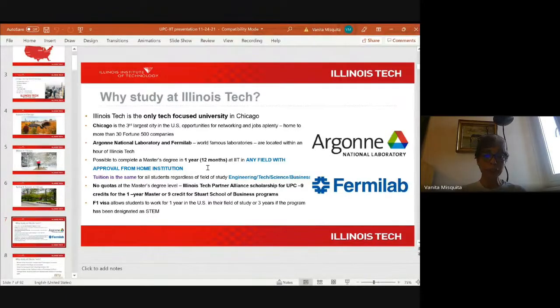So that's the condition. For example, if you're in industrial engineering or in telecom engineering, and if you're interested in our master's in applied physics, if your professors at Teleco tell you that it's fine, it coincides with your academic profile, then it would be fine for you to pursue the Master of Science in Applied Physics.